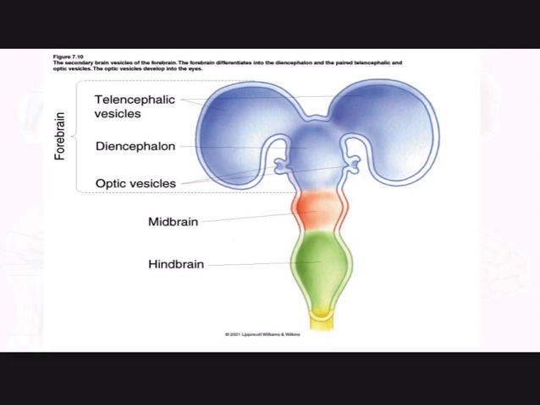The forebrain, we have telencephalon vesicles, which is 2, we have the diencephalon, and the hippocampus. Okay, the midbrain and the hindbrain here.